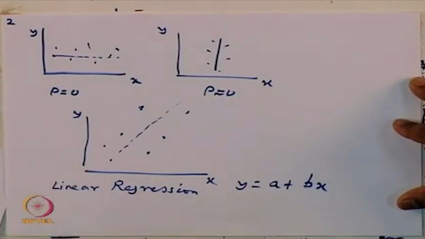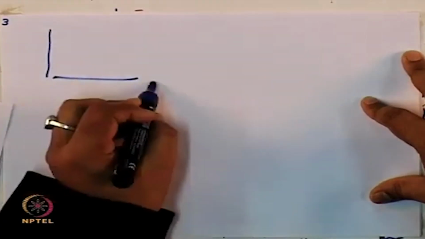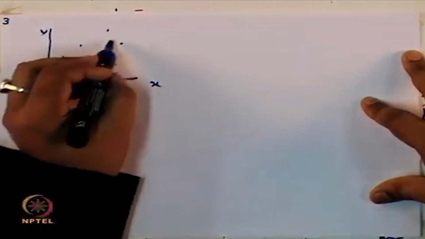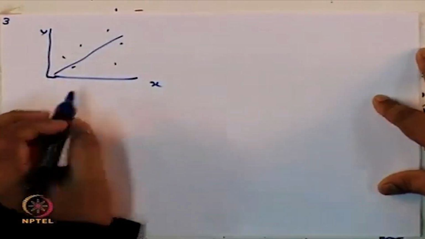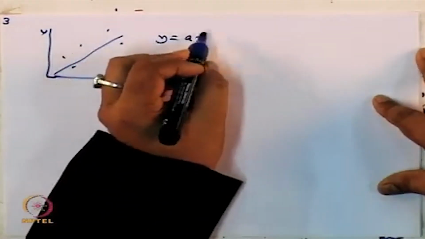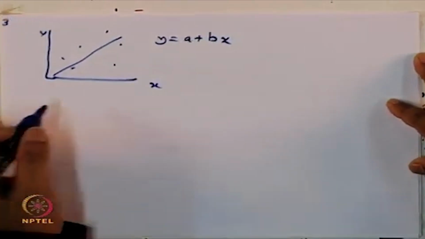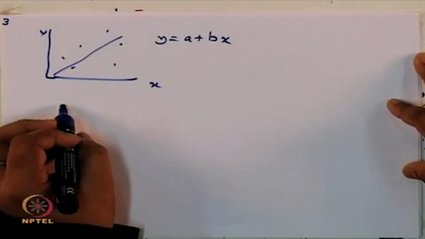For doing linear regression, once again you have x and y plotted like this, and I want to approximate by this particular curve, which is y equal to a plus bx. I derived in two or three lectures back that you can find the value of a.